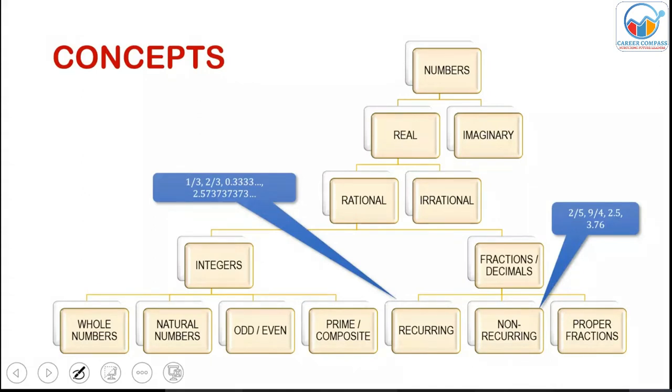Then we have proper fractions where you see the numerator is less than denominators. Definitely we have improper fractions also where the numerator is more than the denominators. And then we have mixed fraction, right? For example, a number like this will be called a mixed fraction, 2 and 3 by 5, right?